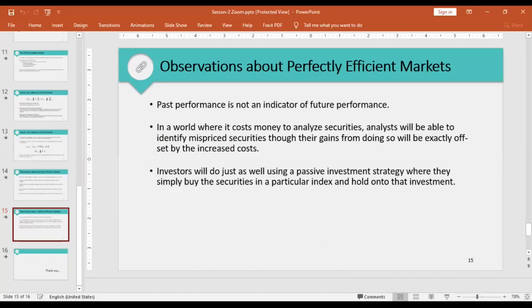But again, you will have to bear a big cost to have those sophisticated analysis techniques and hardware. So your abnormal return will be offset. And it will be equal to a layman or an ordinary person who is investing in the market without knowing anything about these big sophisticated softwares.